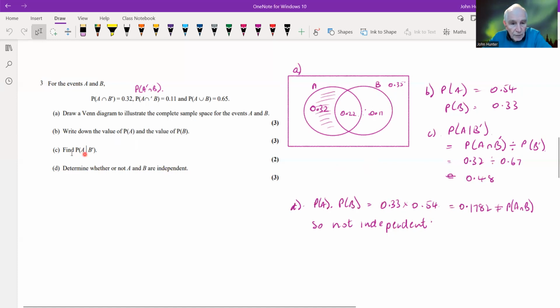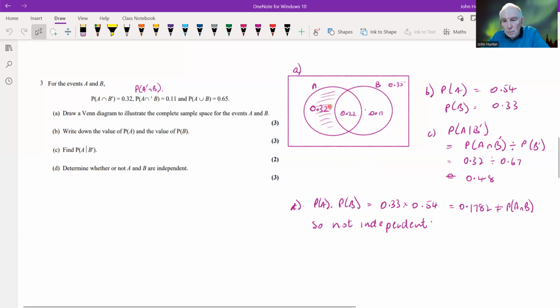So that's easy enough. Find the probability of A given B prime. Now, given B prime means that we're effectively narrowing down our sample space. So what we're saying is, what's the probability of it being in A given that it's not in B?